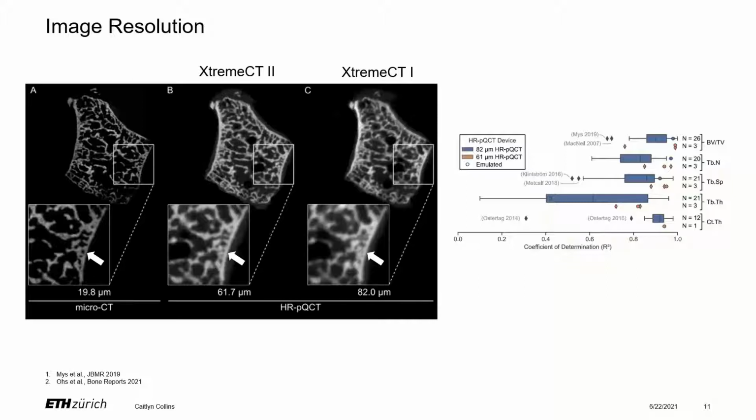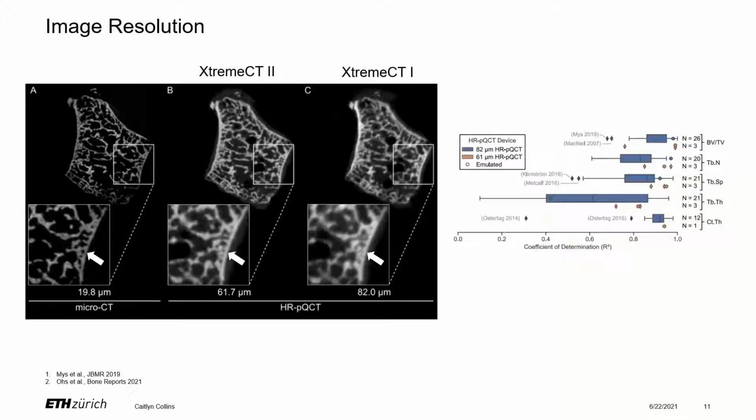This has different effects and can be particularly damaging when we're looking at microstructural parameters derived from extreme CT. On the right, you can see results from a review that analyzed the effects of image resolution on the outcome parameters from a microstructural analysis.